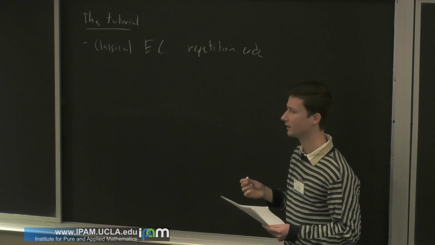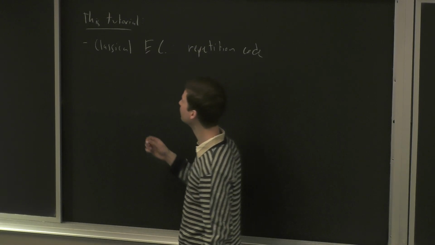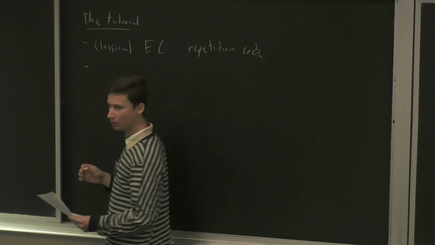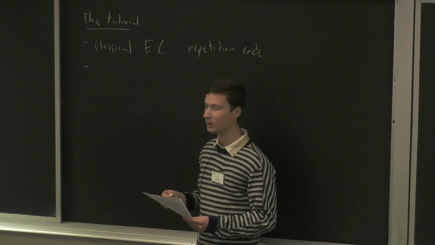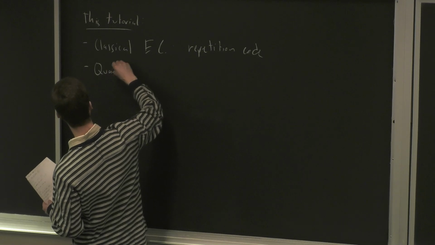And when we try to quantize that, turn it from a classical error correction scheme into a quantum error correction scheme, we're already going to see that some things go wrong. But fortunately, we can fix these things and get to some basic quantum error correction schemes.